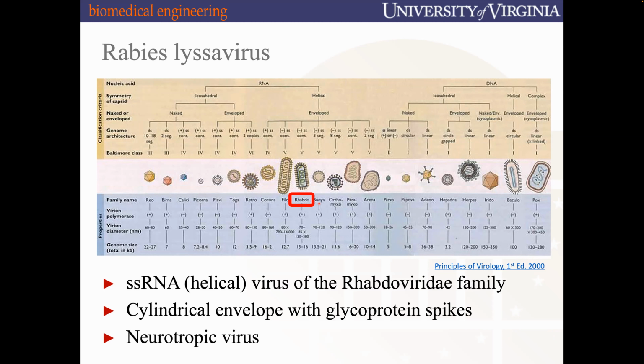Specifically, this is a neurotropic virus, which means that it binds preferentially to neurons or neural cells. In terms of what these glycoproteins are targeting, we'll talk about this more later in the lecture, but these are neuron-specific extracellular proteins.